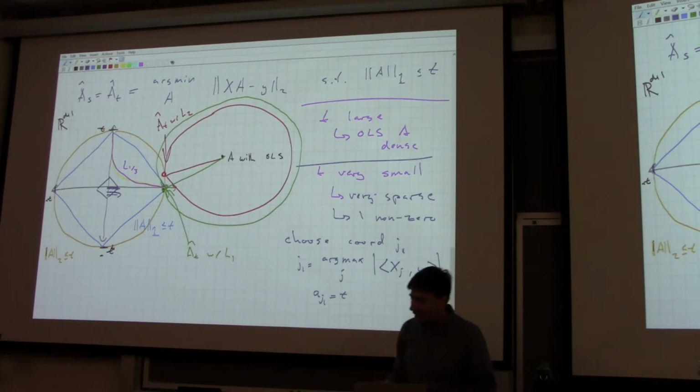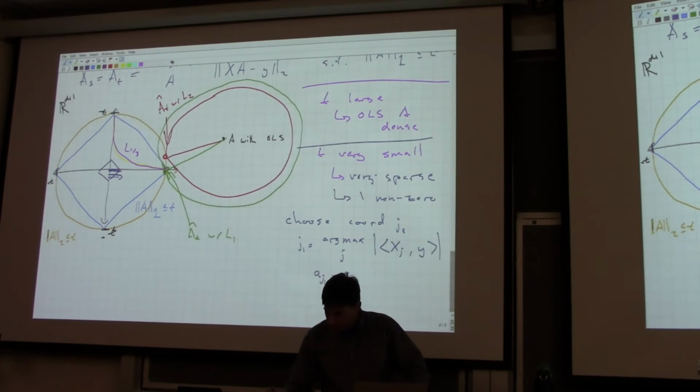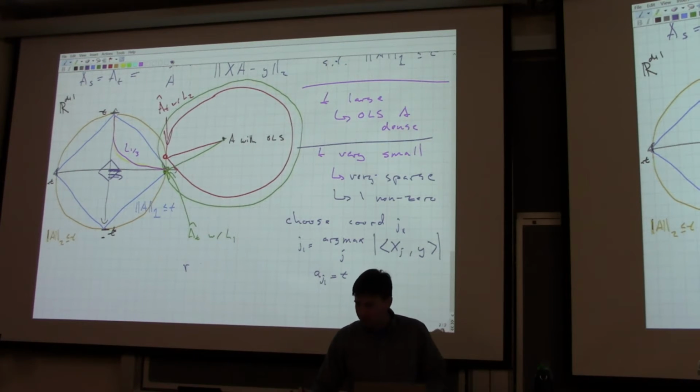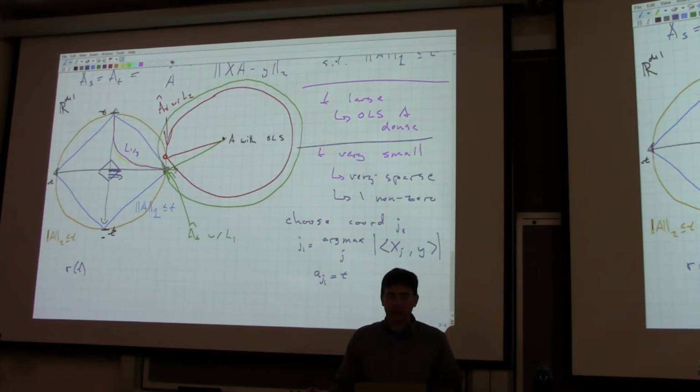Okay, and so we're going to think again about this in terms of this residual, where r of t, the residual of what I have not explained left as a function of t, is going to be y minus the sum j equals 1 to d, or 0 to d, of x_j a_j(t).